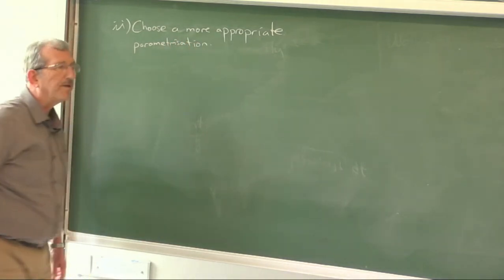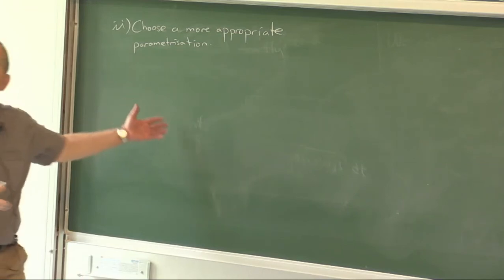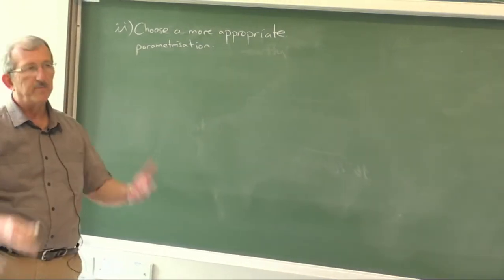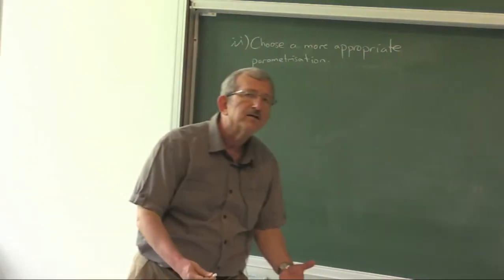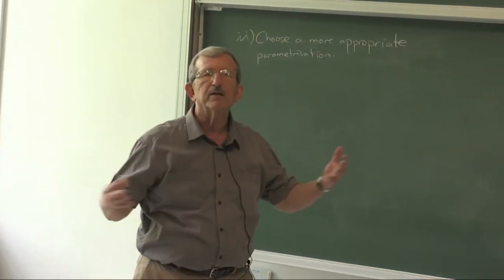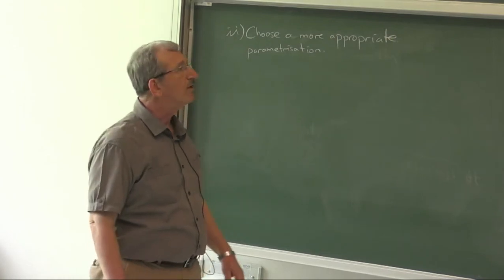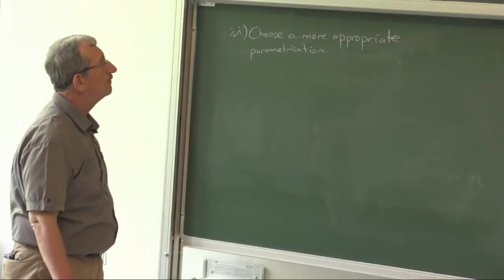Well, what do I mean by that? Actually, you have infinitely many choices. I mean, parameterizing a curve is not a clear-cut, well-defined process. You can find infinitely many representative functions for the same curve.